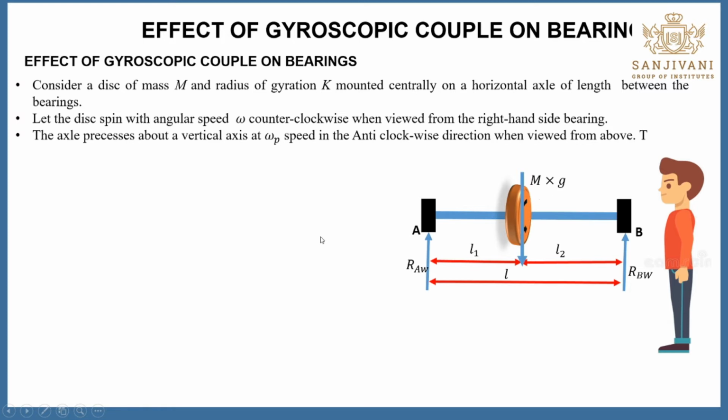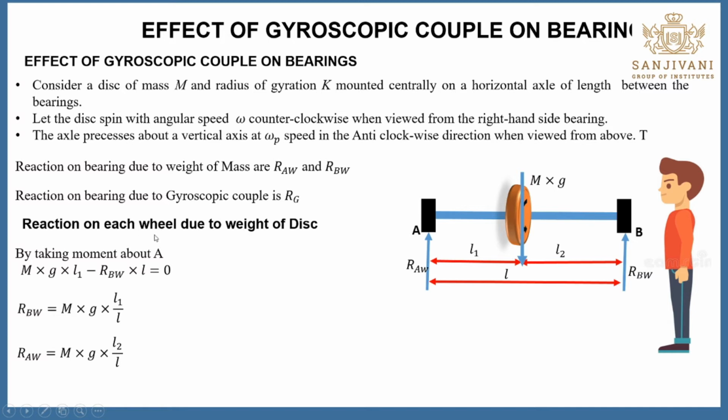If we take the moment about A, m g L1 minus RBW into L is equal to 0, because m g L1 is clockwise and RBW into L is anticlockwise, and anticlockwise is negative. Simplifying, we get RBW equal to m g L1 upon L. In the same fashion, if we take the moment about B, we find RAW equal to m g L2 upon L. These are the reactions in the steady state condition.